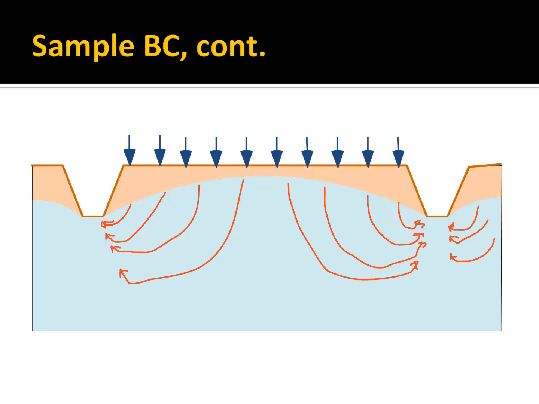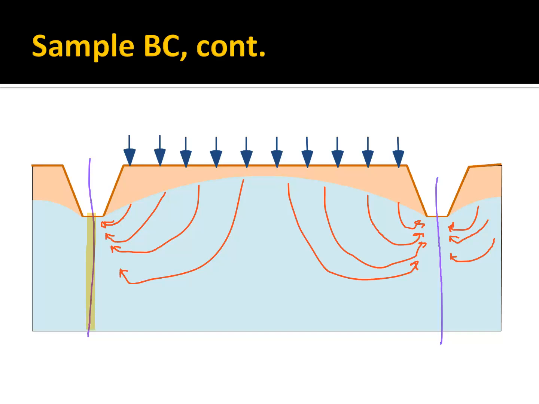Now, once again, if we assume, let me change my color here. Let's try something else. Let's try purple. If we assume a vertical line right through the center of this, we can treat this as a no-flow boundary condition.